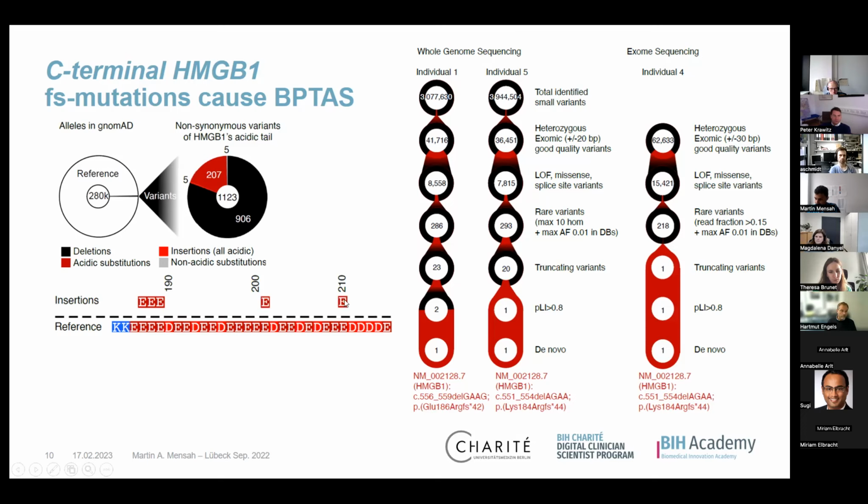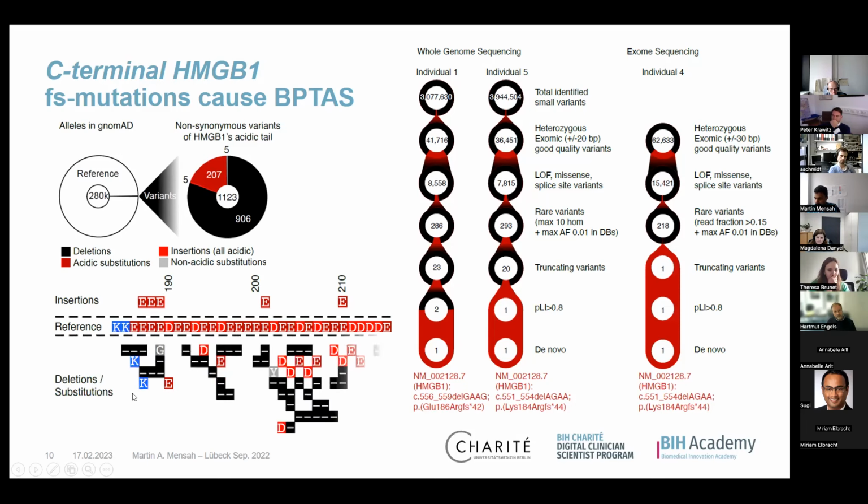So let's start with the insertions. 5 alleles distributed among 3 variants are insertions, and these insertions only insert acidic amino acids, so they wouldn't change the acidic nature of this C-terminal tail. Here you see the deletions and substitutions.